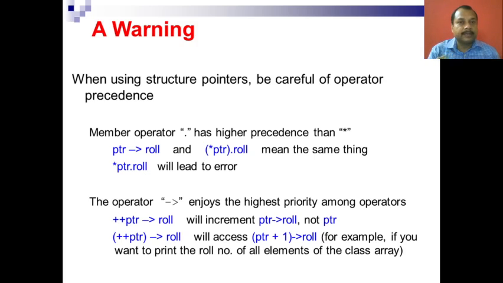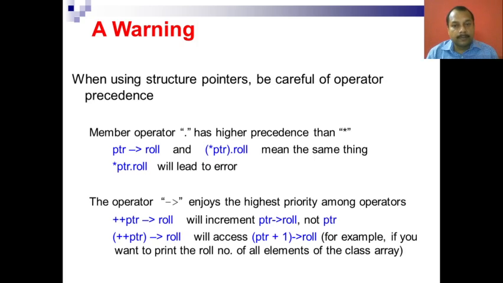It is not like, since I am moving from left to right, a plus b will be evaluated first, then multiplied with c, because multiplication is of higher precedence than addition. In this case also, the dot has higher precedence than star.